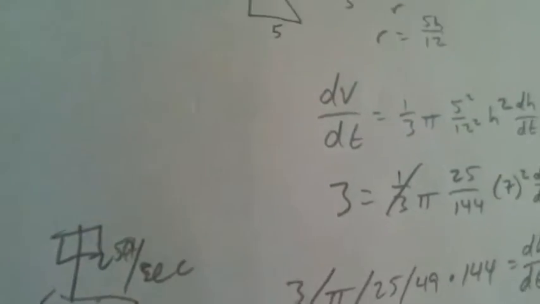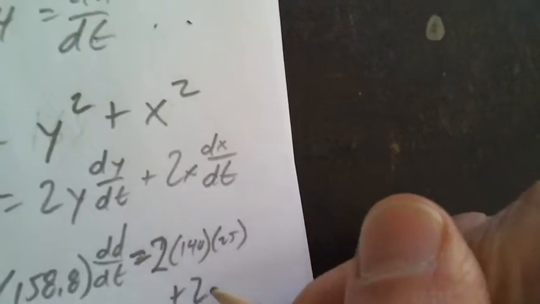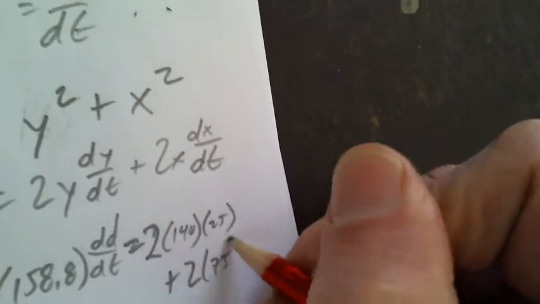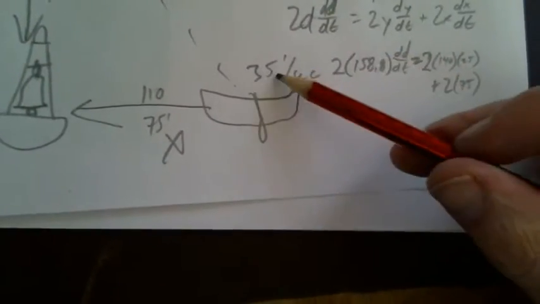The change in y is 25. Plus 2 times x was 75, and our change in x was 35.